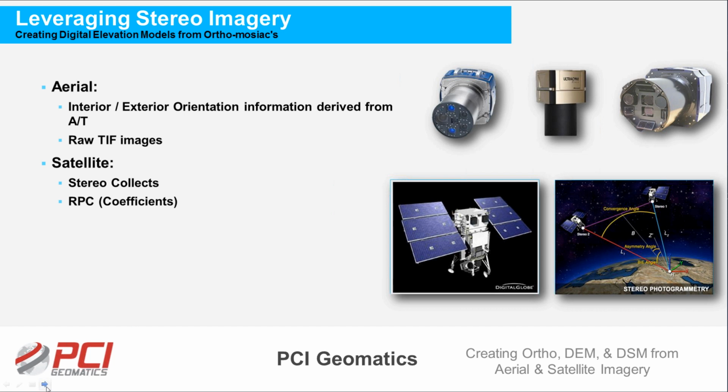With satellite, it's a little bit more straightforward, where you would need to have the stereo pair, the left and right images, along with RPC coefficients. RPC is a minimum level of georeferencing that most satellite providers provide with the data, and that you could use within our Geomatica product to further refine the data prior to doing the DEM, which we will cover in the following slides.